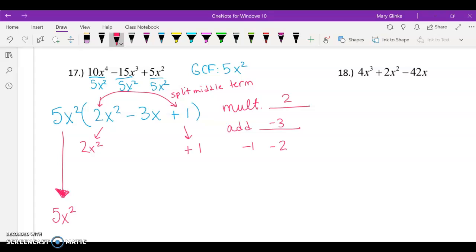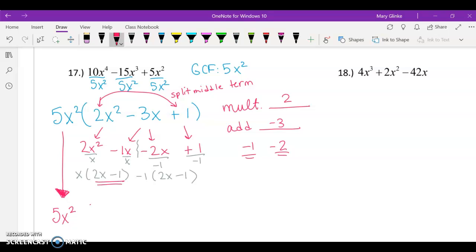And then in the middle, we can break this up to be -1x and -2x from the numbers we got. Now we can chop this in half. The first two terms have an x in common. So we'd be left with 2x minus 1. The next two terms don't have anything in common, but we are going to factor out a -1. So we would be left with 2x minus 1.